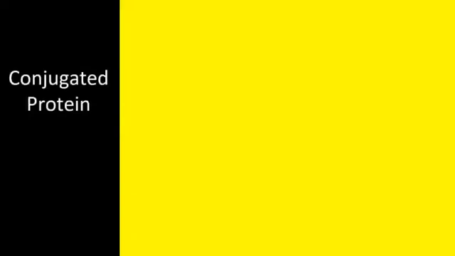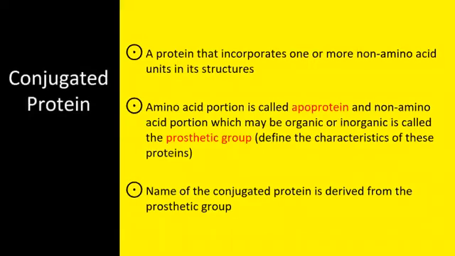The second class is the conjugated protein. This is a protein that is composed of one or more non-amino acid entities present in its structure, in addition to one or more peptide chains. The amino portion of this conjugated protein class is called apoprotein.